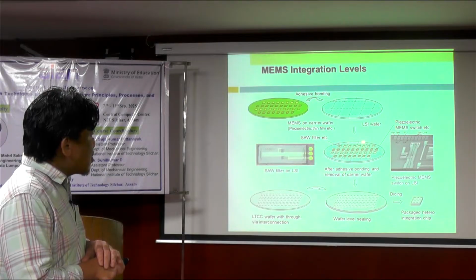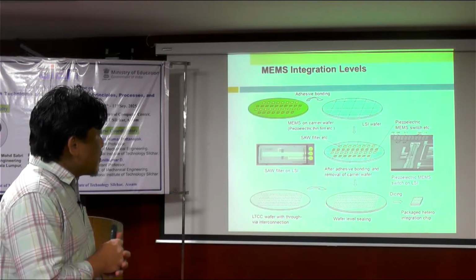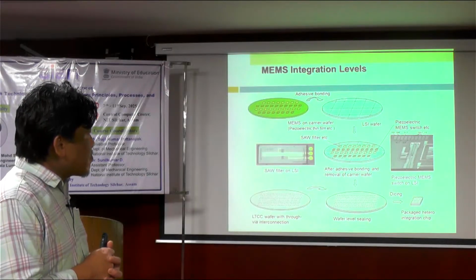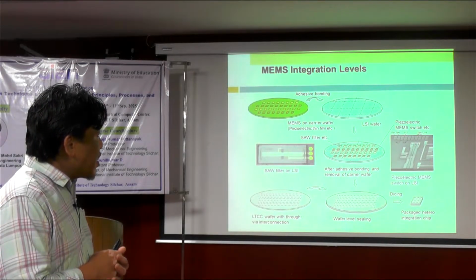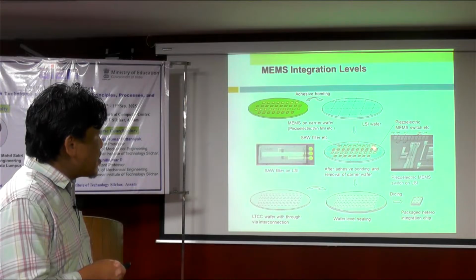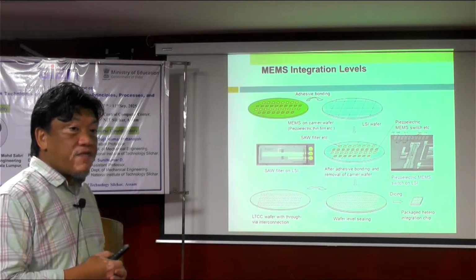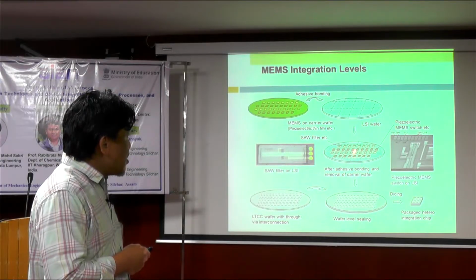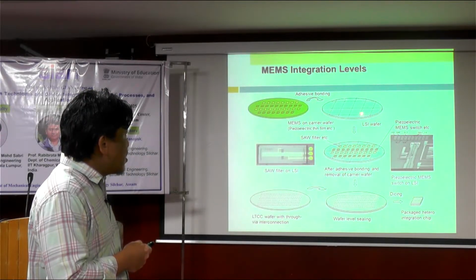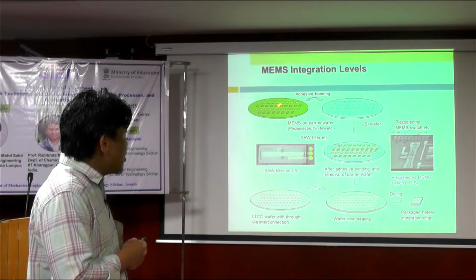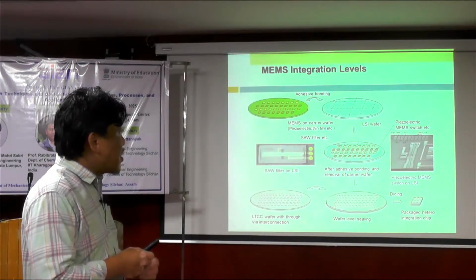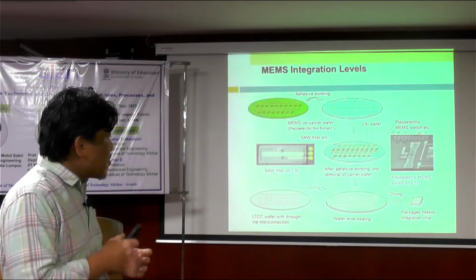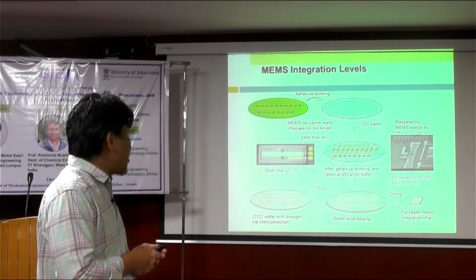This integration also needs to be done in a very careful manner, because the adhesive bonding is not that straightforward. It requires a lot of attention. And then the alignment of the wafer, the component at the bottom, and this MEMS device also requires careful alignment.